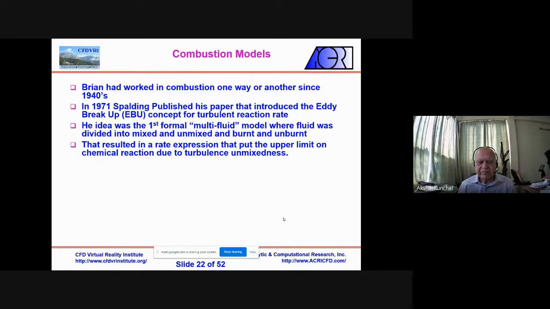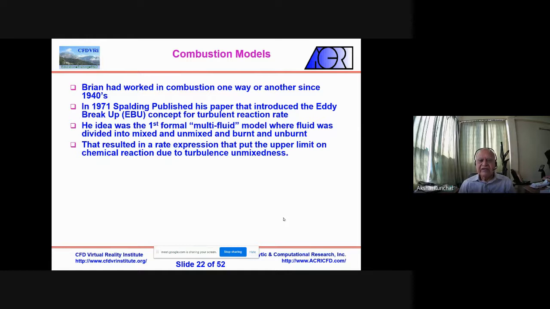Then the other thing was combustion. Here the breakthrough came when Spalding published a paper which introduced the concept of eddy breakup, which took account of the intermittency of turbulence and the reaction rate of turbulence. Because what happens in turbulence is that two species may be present simultaneously, but they may not be present at the same time. For them to react, they have to come together, and they may be sitting in different eddies.